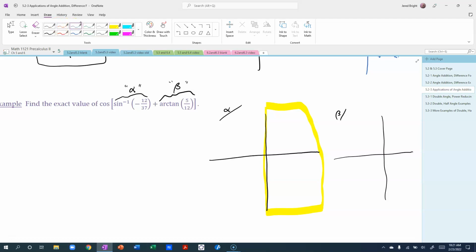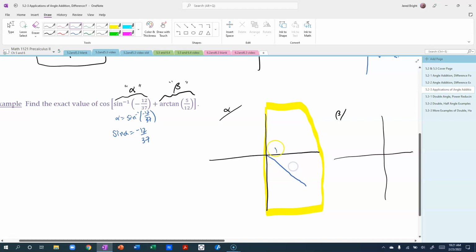In these quadrants, if I said alpha was equal to sine inverse of negative 12 over 37, then that would give me that sine of alpha is negative 12 over 37. So if sine's negative, that means it's over here. So alpha is technically this entire angle.